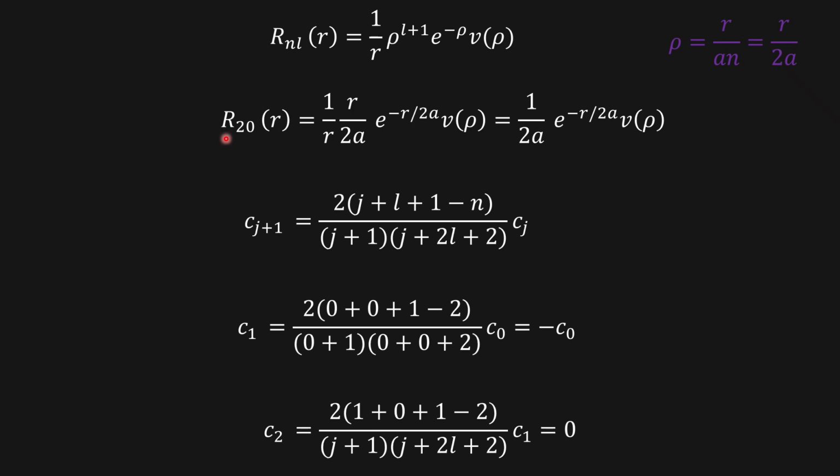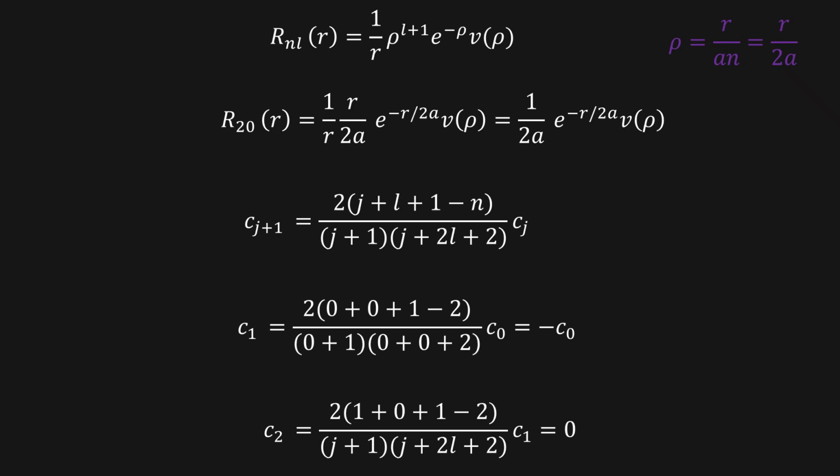And now we will see the wave function for R 20 of r. The basic definition for R n l is equal to 1 over r as usual, rho power l plus 1 e power minus rho v of rho. Here you replace n equal to 2, l equal to 0. So since n equal to 2, rho is equal to r over 2a. So I have replaced this.